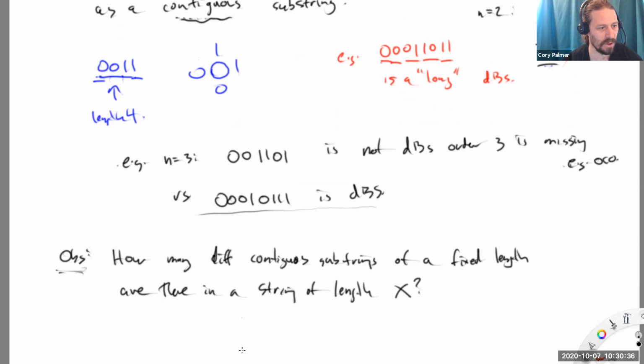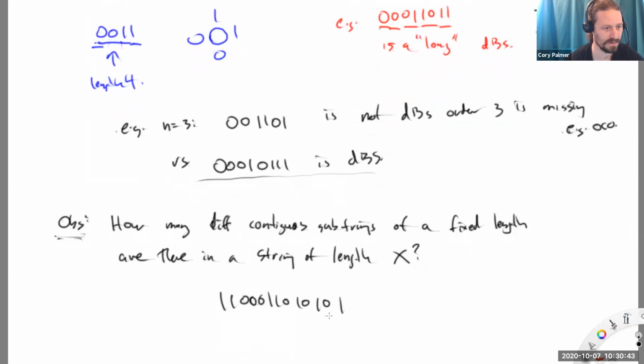Okay, so I've got some long string whose length is x here. How many different contiguous substrings of a fixed length, say length 3 or 2 or 5, actually the length doesn't matter, can appear in this? Like, how many different strings even could be substrings here of a fixed length?